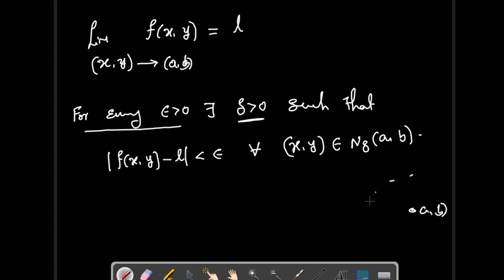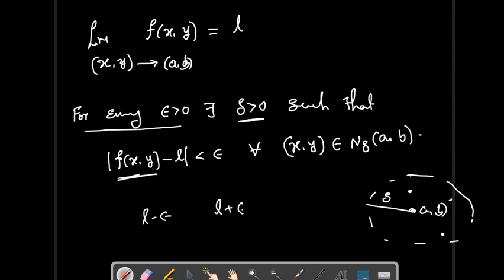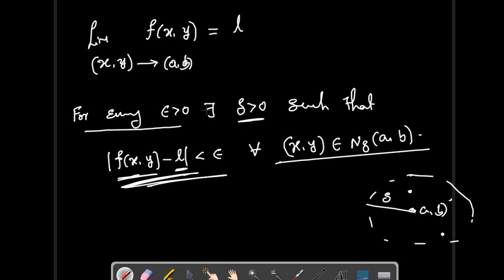In this neighborhood you pick any point, so that its image f of x comma y is going to lie between L minus epsilon and L plus epsilon. In other words, the distance between the image and the limit L is going to be less than epsilon for all x comma y coming from this neighborhood. So this is the epsilon delta definition.